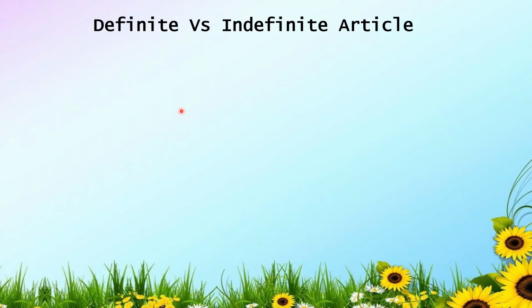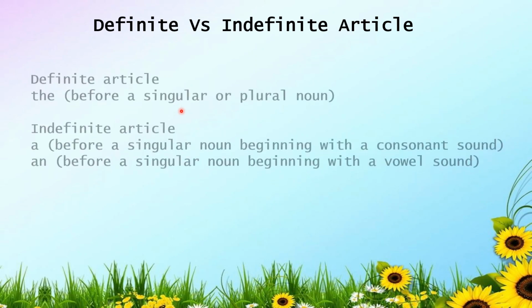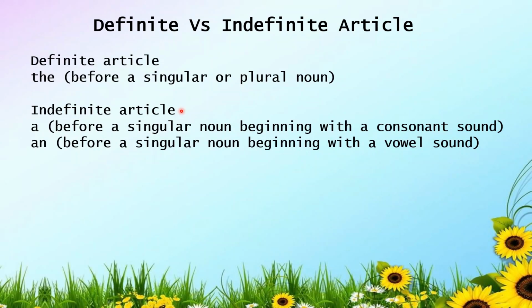Now we discuss the definite and indefinite articles. The definite article the is used with a singular or plural noun. The indefinite article a is used before a singular noun beginning with a consonant sound, like k, p, and here.